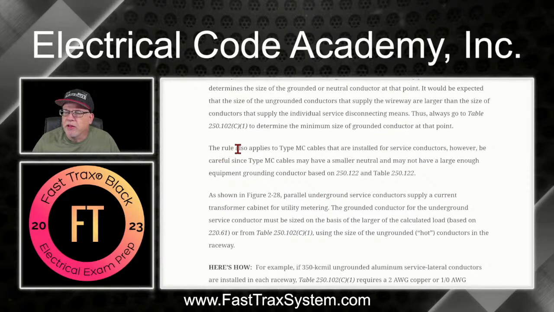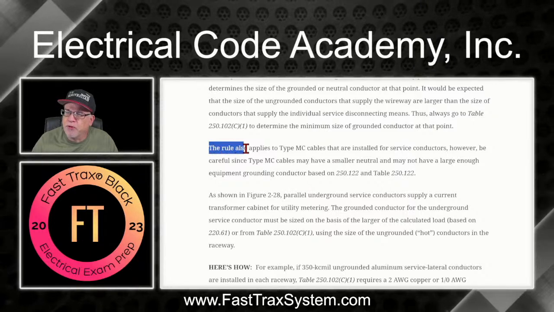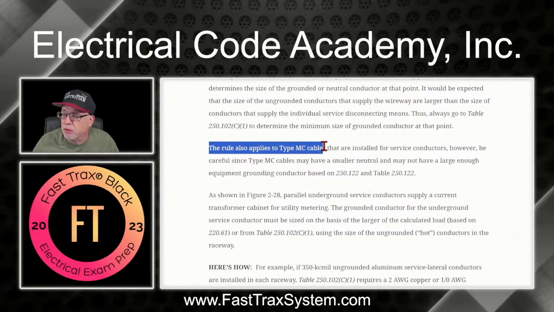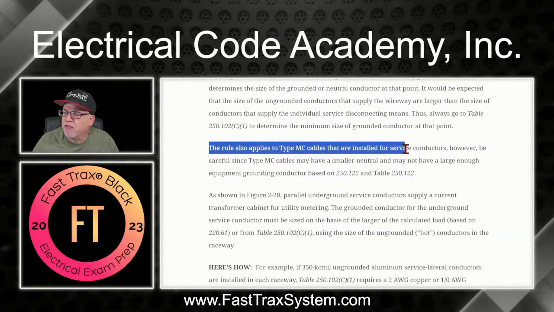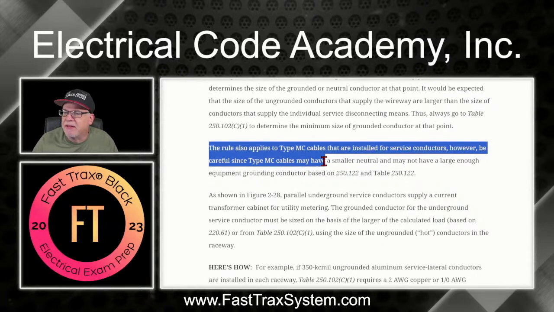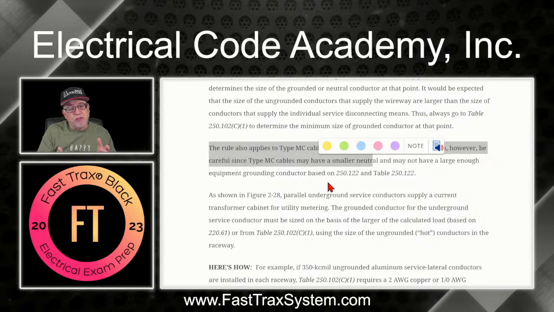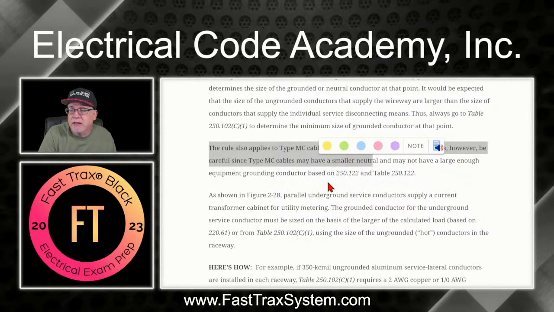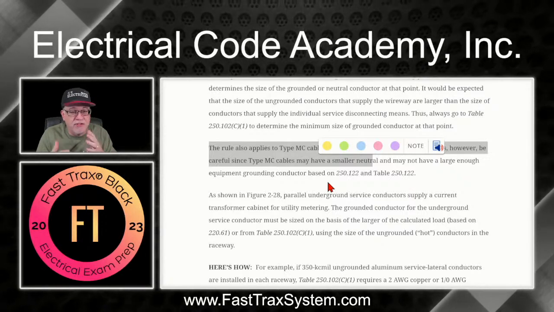Now, this rule also, just a reminder, folks, applies to type MC cable, or to be honest with you, tray cable as well, that are installed for service conductors. However, be careful, since MC cable may have a smaller neutral. If you do have a reduced neutral, then the neutral may be smaller because it's designed that way by the manufacturer.